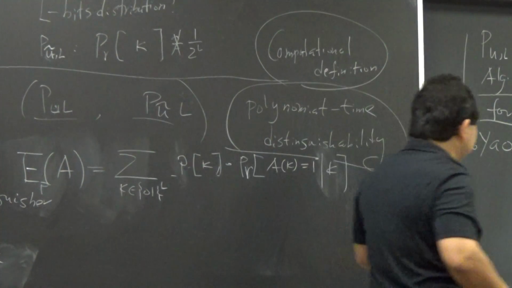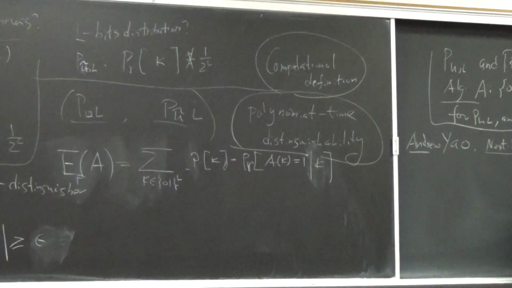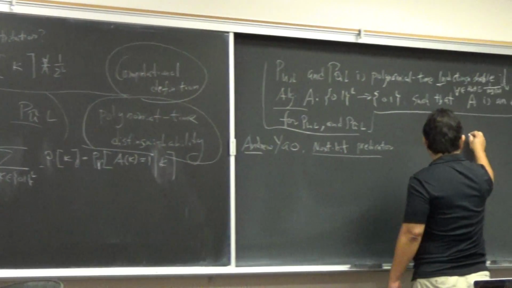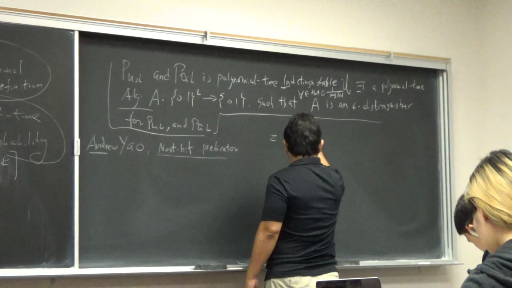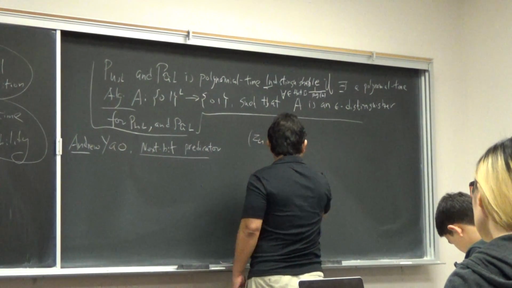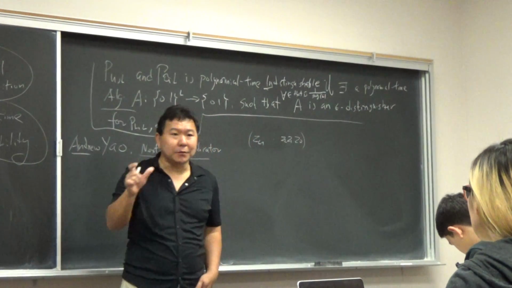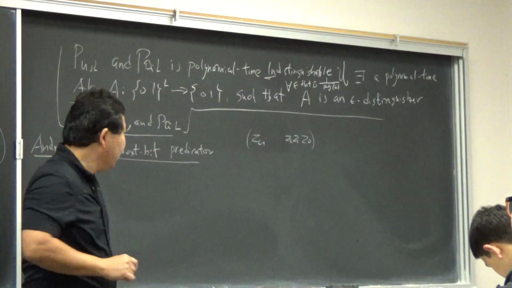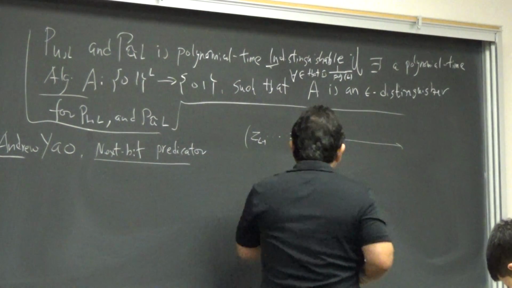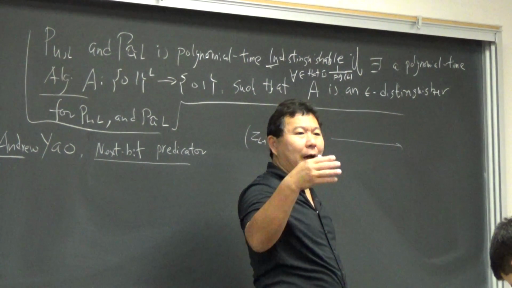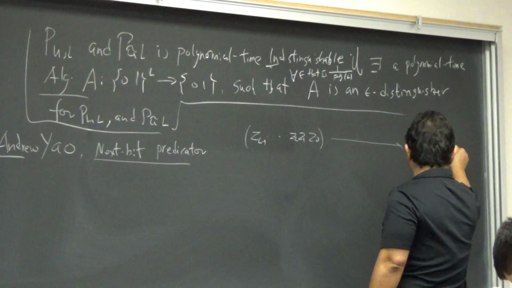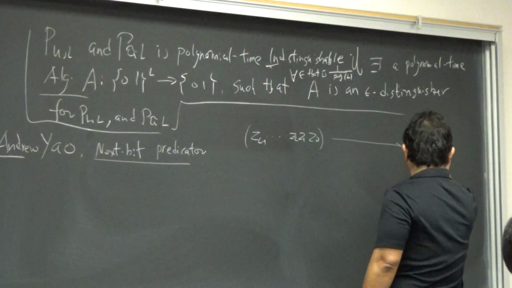Imagine you have a random string, an L-bit string, Z0, Z1, Z2. Just think of the following. You release the string one bit at a time. So Z0 comes here, Z1 comes here, Z2 comes here.